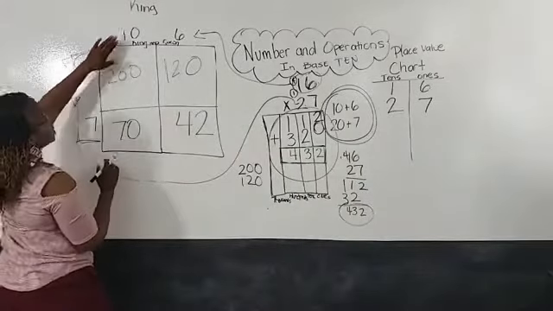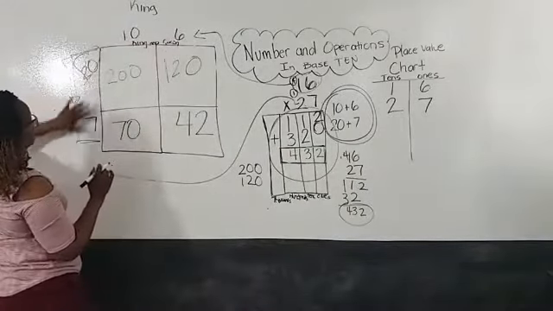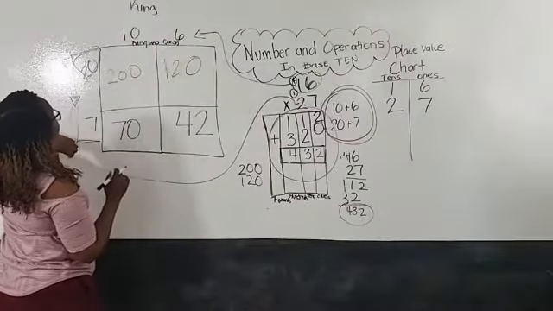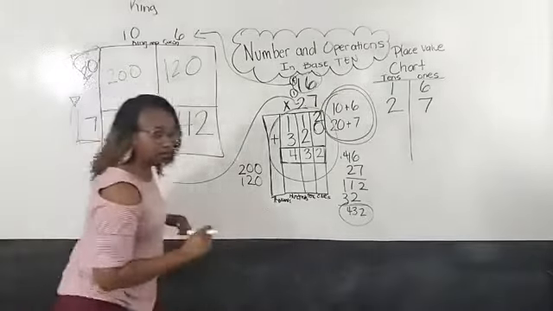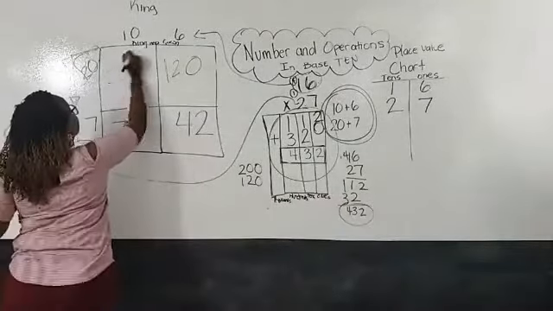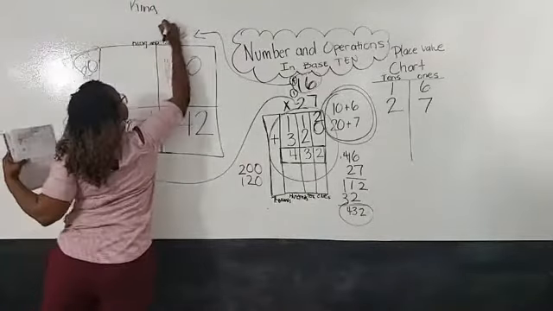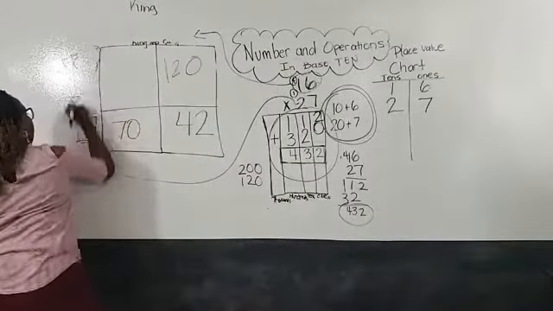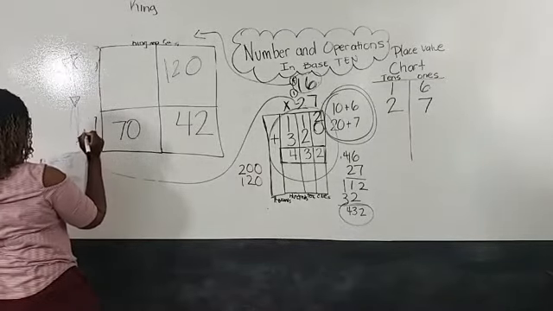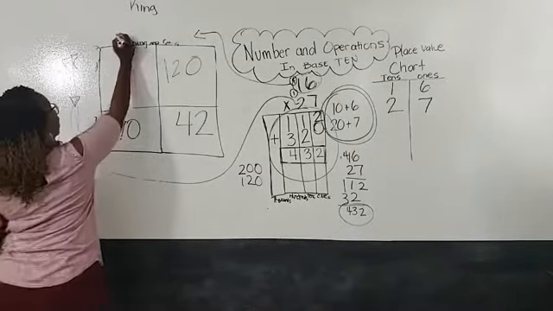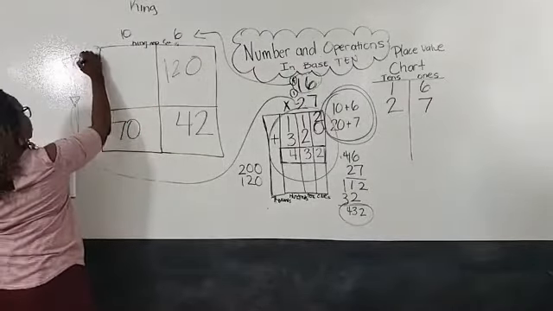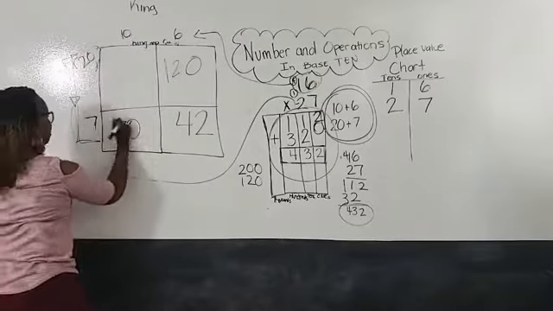All right. 10, 6, 27, 20, 120. Something I'm not doing right. Hold on, guys. I promise, y'all. All right. Let's go back. What am I not doing right? All right. 10, 6, 20, 7.